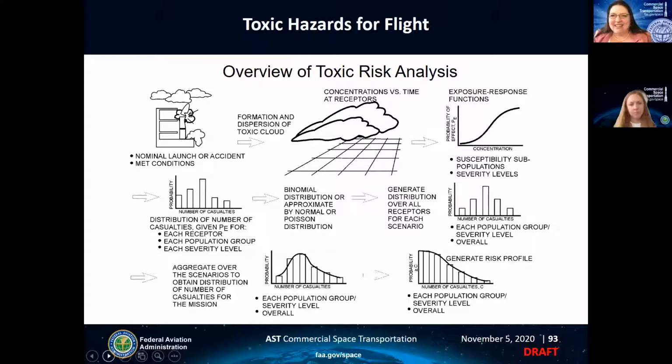There are exposure response functions that address the susceptibility of subpopulations and those severity levels for various toxic commodities. So these will get input to the distribution of number of casualties for a given probability of an event for each receptor, each population group, and severity level.